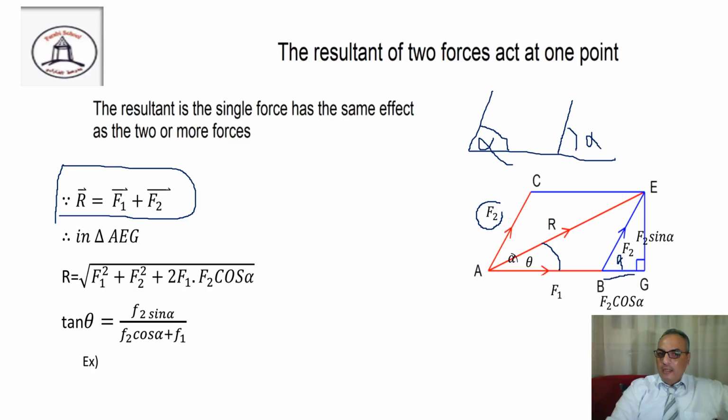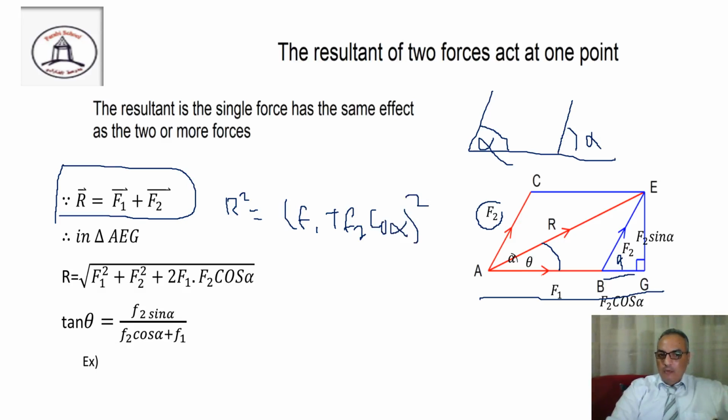Now in the big triangle AEG, from the Pythagorean theorem, R square equals this side square, this side in two parts: F1 plus F2 cosine alpha, all to the power 2, which is AG square, plus the opposite, F2 sine alpha, squared, which is GE square.